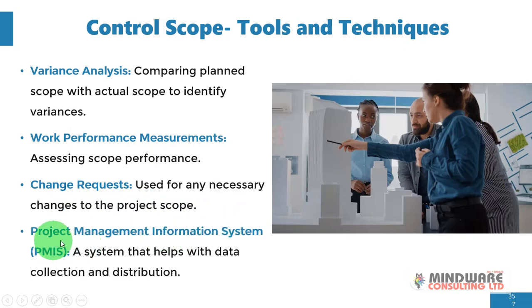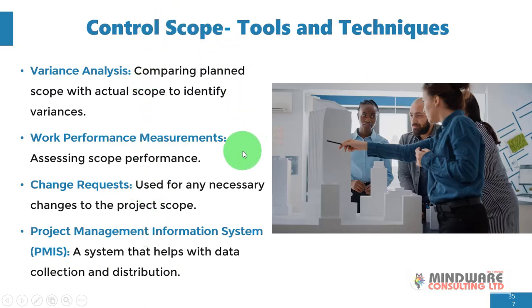Now, the project management information system, PMIS, is a system that helps with data collection and distribution. We've already looked at it in detail in a previous section, but it's a very important tool that helps you with collecting and distributing your data. So these are the tools and techniques that make up the control scope process.